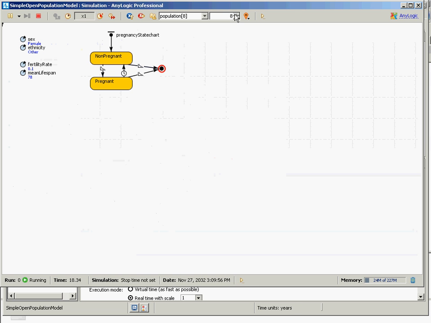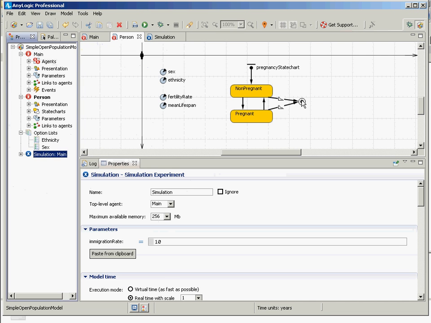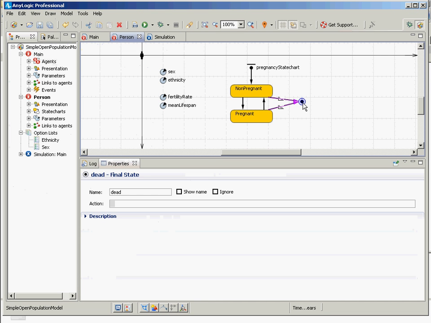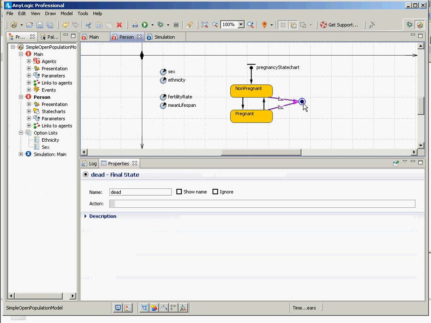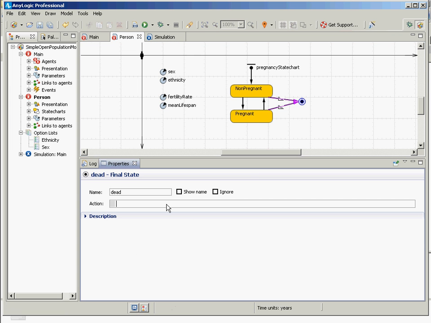Okay, so folks, in terms of the mechanisms we have now, it seems to be working, but when they die, we actually need them to disappear from the population. So how are we going to do that? Well, we need to tell the population they're gone.